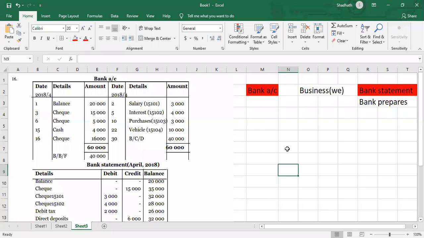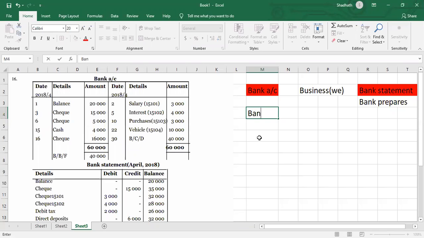Okay. Last class we discussed the rules about the bank account. When the bank balance increases, it is the debit side.